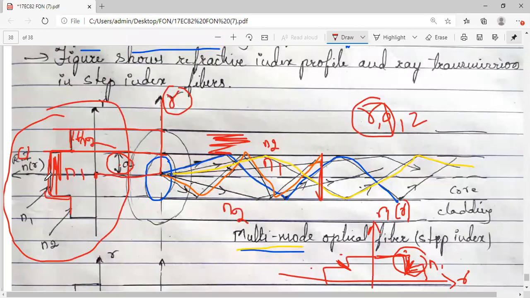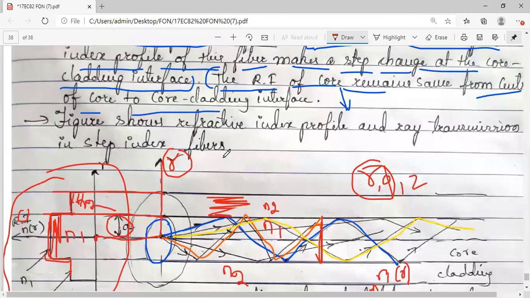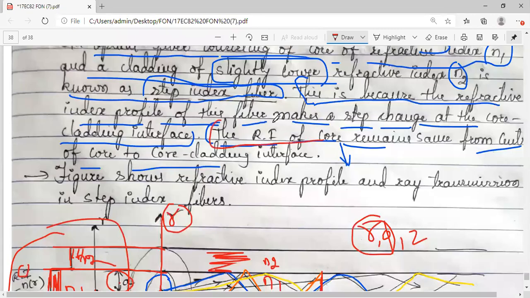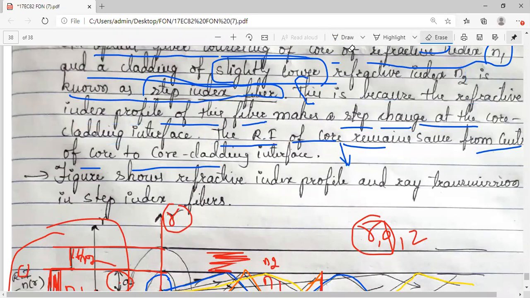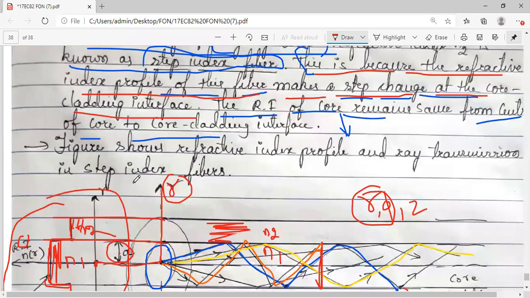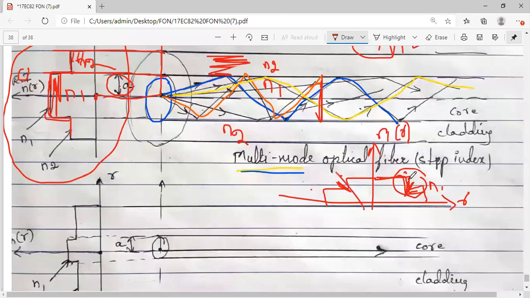Hope you understood why it is called step index, because the refractive index profile of this fiber is making a step change at the core cladding interface. I hope you understood now. Here at these interfaces, there is a step-like structure.